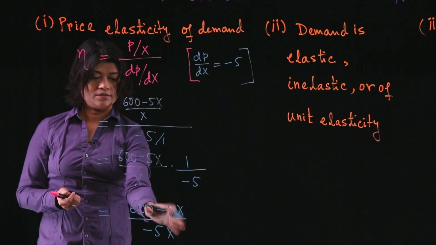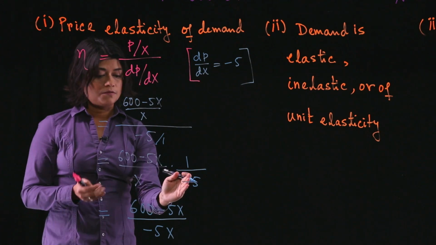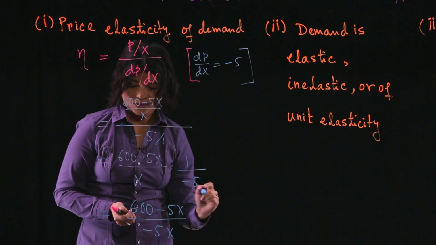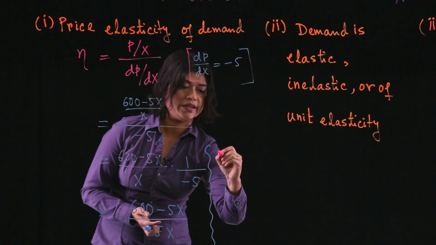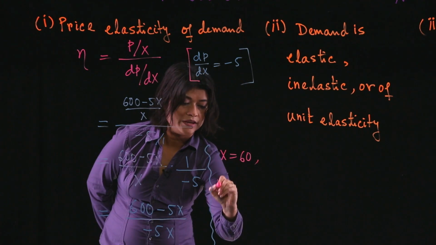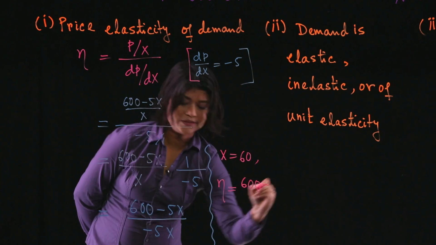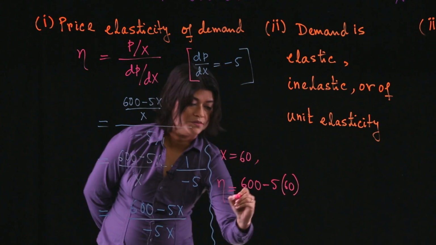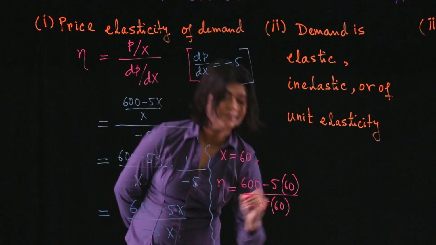Okay, so this is the price elasticity of demand, but we have to figure out what eta is when x is 60. So when x is 60, eta is equal to 600 minus 5 times 60 divided by negative 5 times 60.